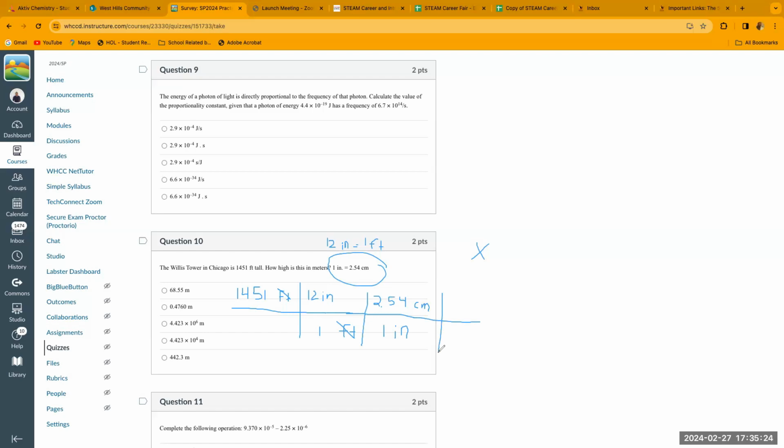Okay, how many centimeters will equal 1 meter? That's right, 100 centimeters equals 1 meter.